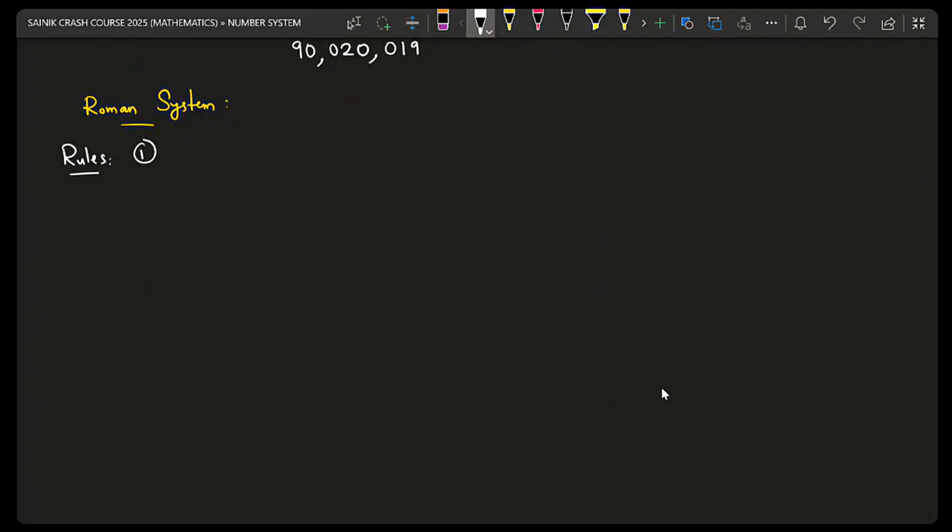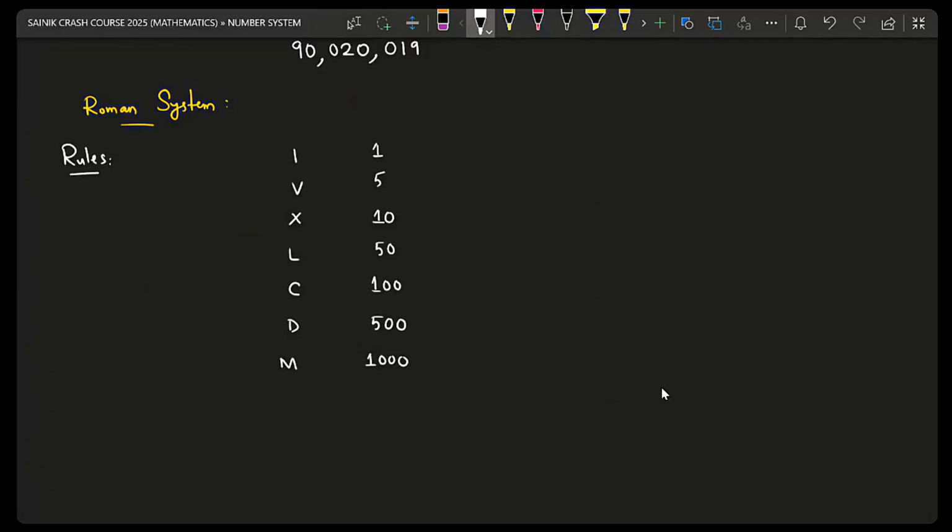you have to remember, before we go for the rules, first, we remember what the digits stand for. Okay. So this is the Roman digit I that stands for 1 in the Indian system, and V is 5, X is 10, L is 50, C is 100, D is 500, and M is 1000.